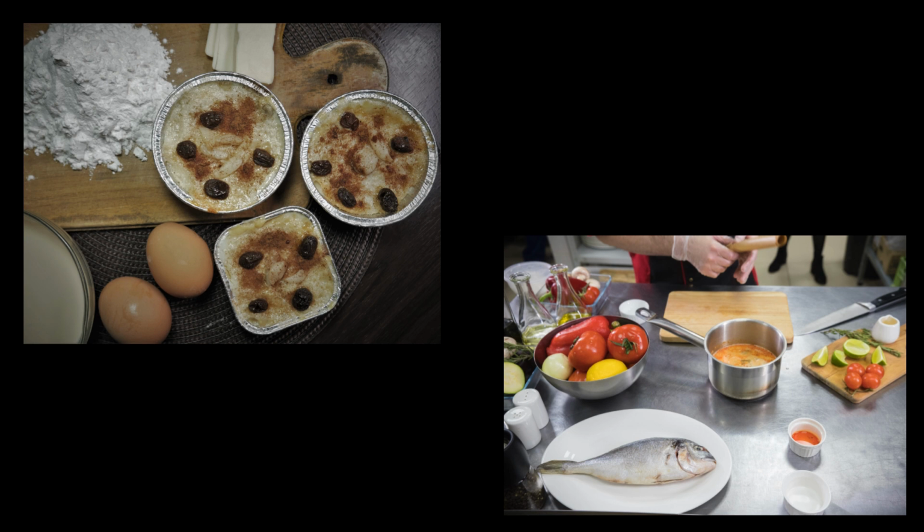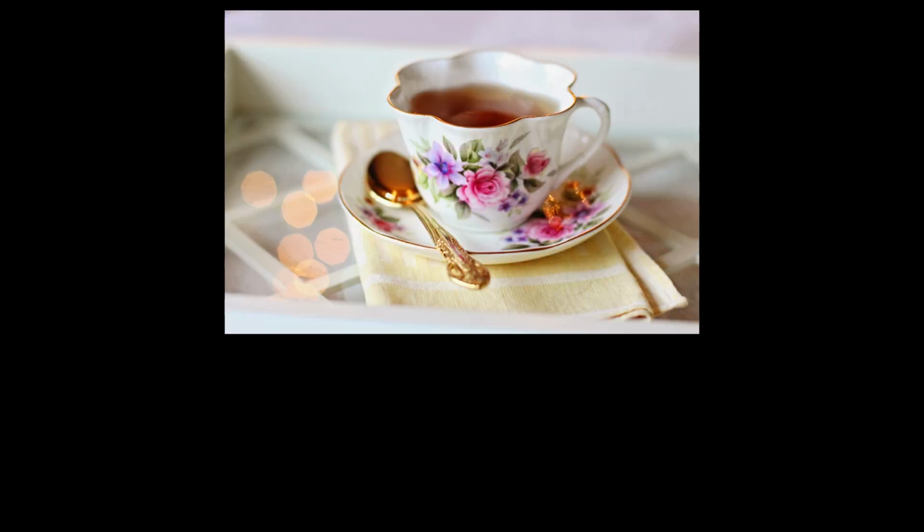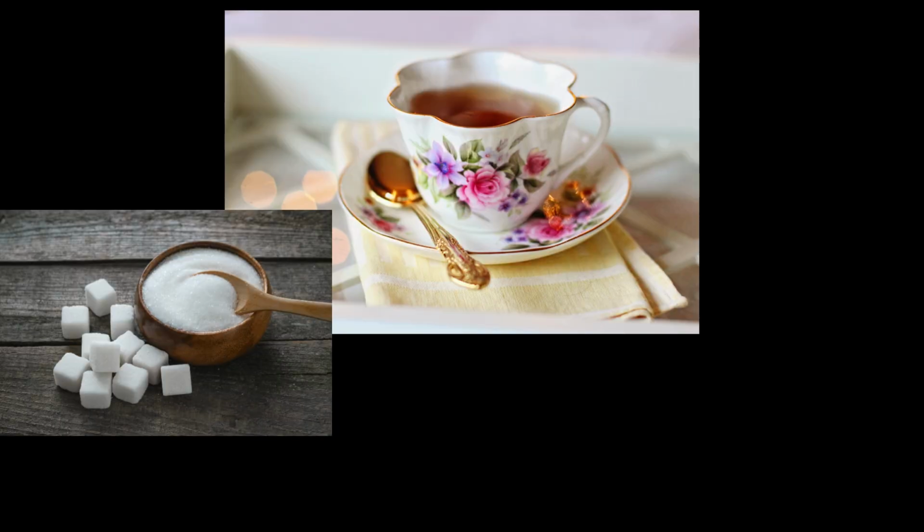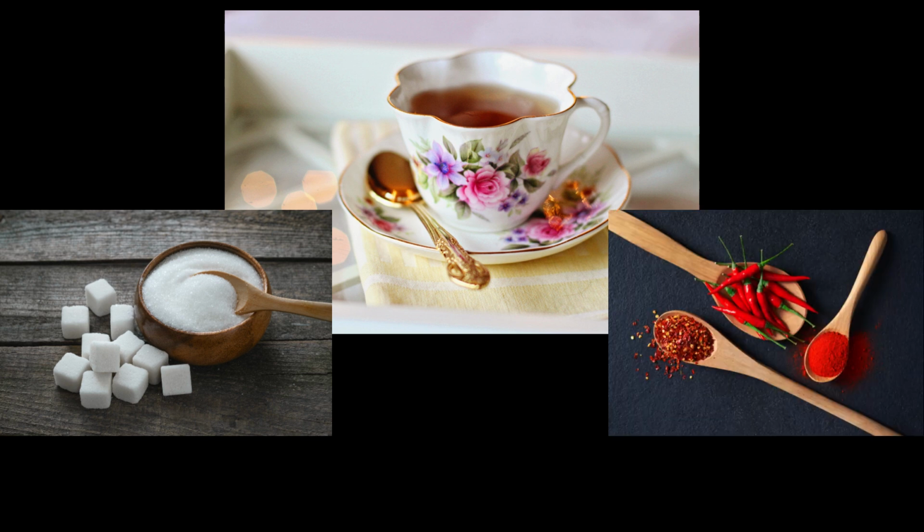To change the taste of the dish, I must know what every ingredient does. If we add a bit more sugar into the tea, it will become sweeter. But if we add a piece of pepper, it will become spicier. In the end, both ways are very delicious, but they are different.